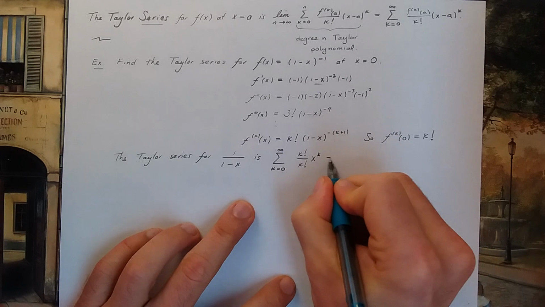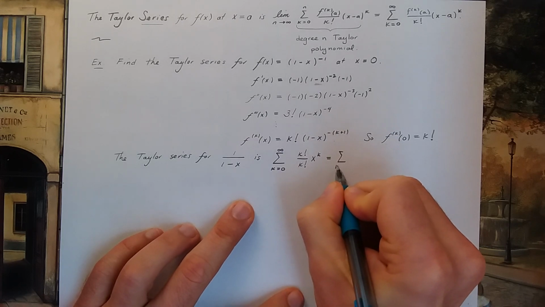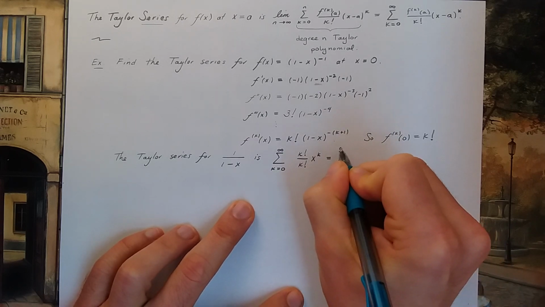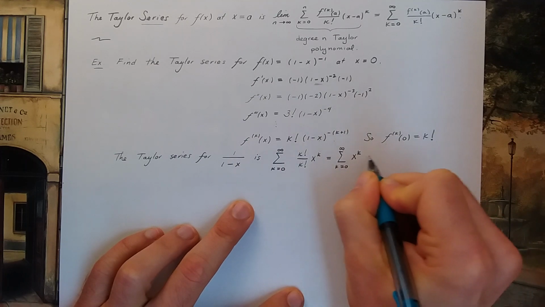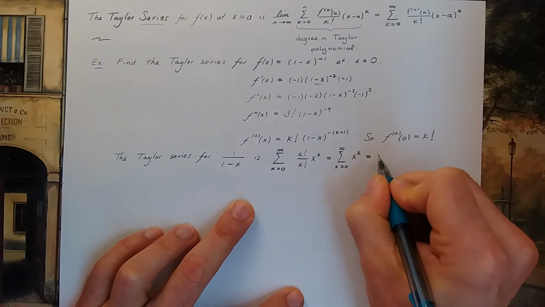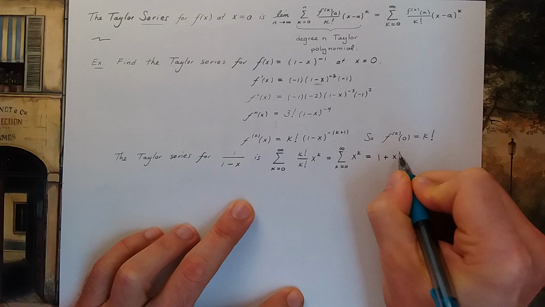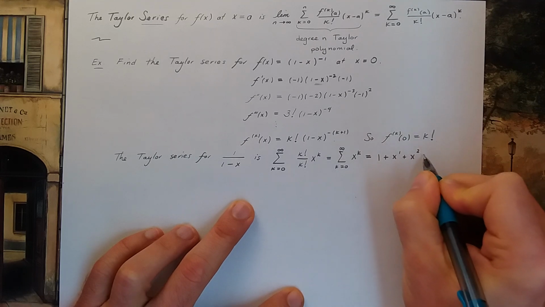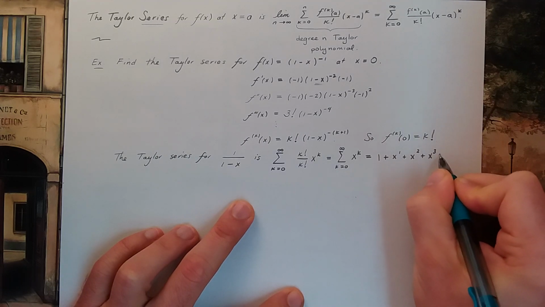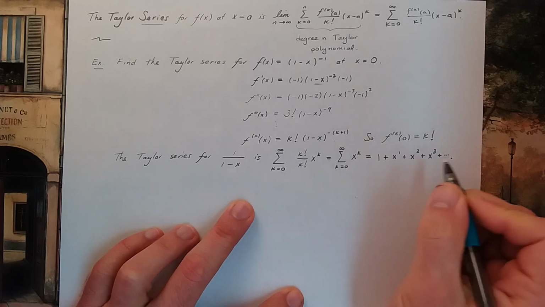So this is the sum, k going from 0 on, of x to the k power, which if you'd like is the same as 1 plus x to the first plus x squared plus x to the third, and never stopping.